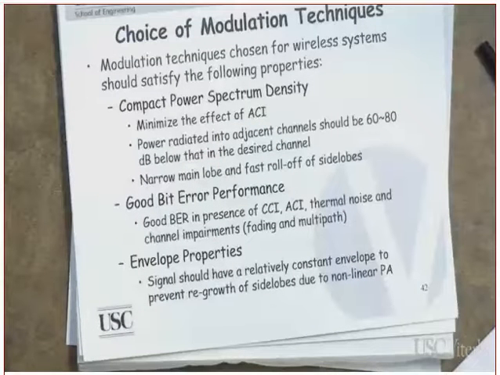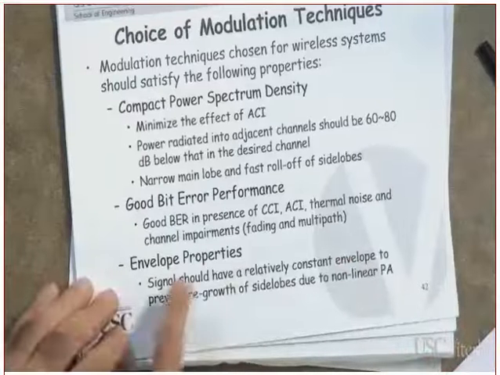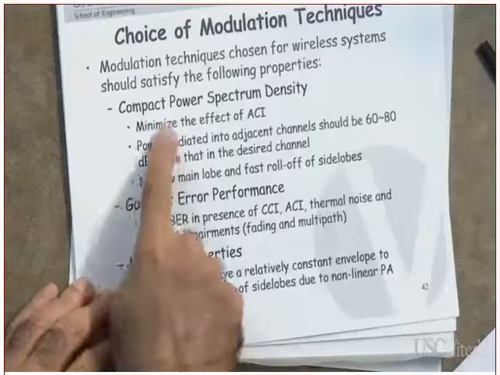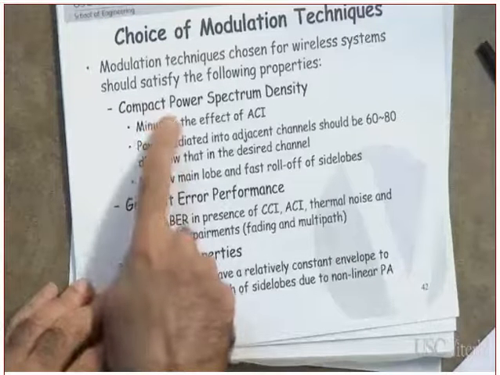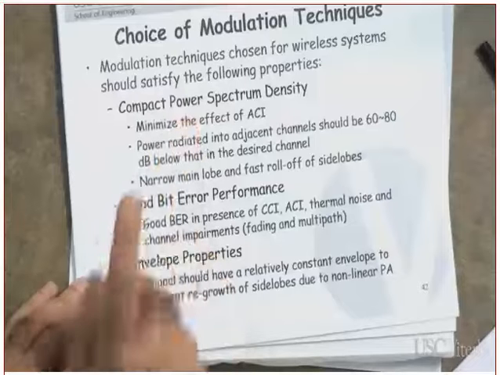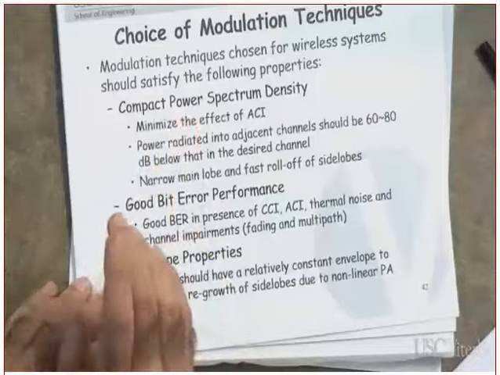Power amplifier efficiency. Yes? But if the modulation technique is non-constant envelope, it will result in generation of spectral regrowth, which means this one will contradict with this requirement. Did you lose me?